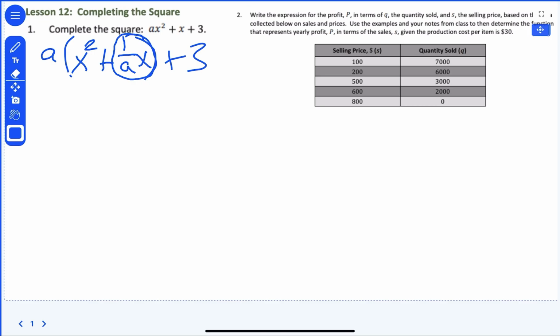Okay? Everybody ready? So this would be a x squared plus, if I half that, what does that become? 1 over 2a x. Oops, I didn't want to put this square here. Now, if I squared that, I can put this square to the outside. Okay? Because I've got x plus 1/2a x squared.